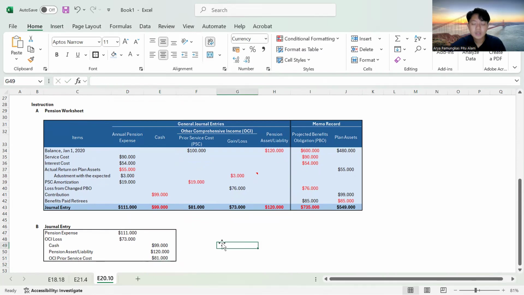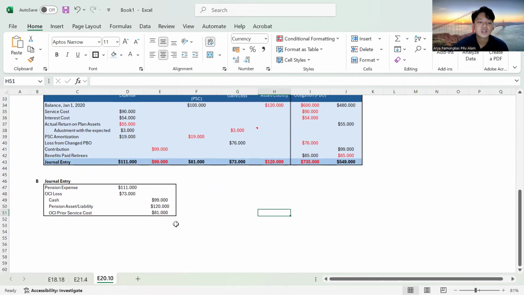And then the gain or loss would be $73,000. And then pension assets or liability is going to be 120, the PBO is going to be $735,000, and the last one, plan assets itself, would be $549,000, and the journal entry would be like this.